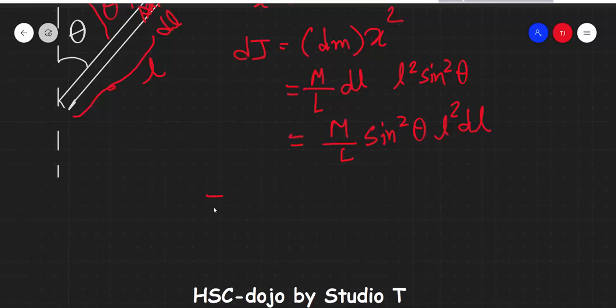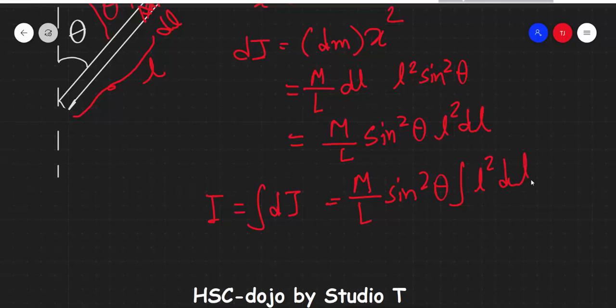So let's do it. I will be the integration of dI, and for a particular rod m is constant, l is constant, and we just discussed sine theta is constant for this case. So m by l sine square theta will all go outside the integral.